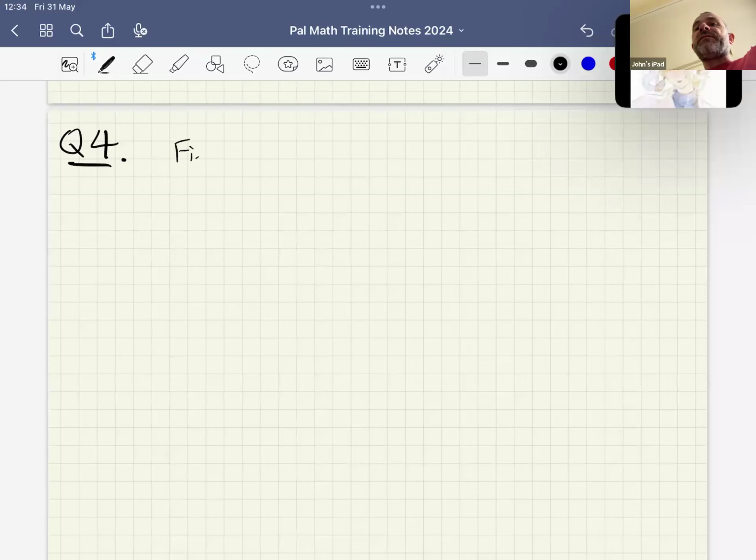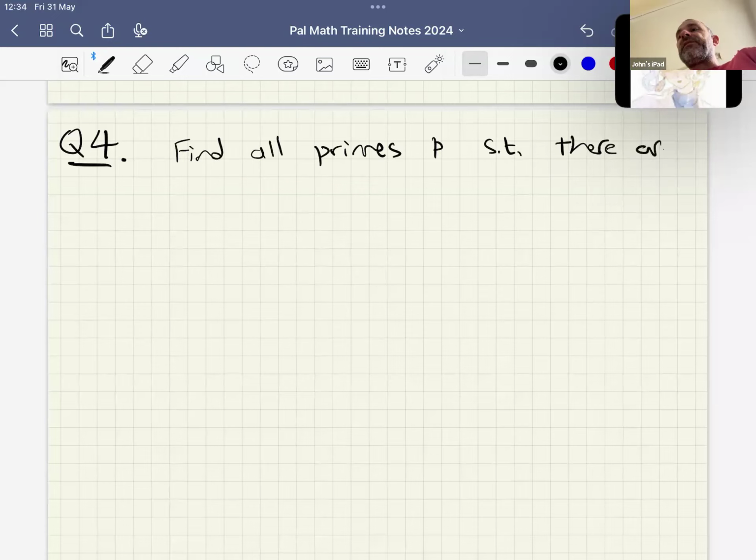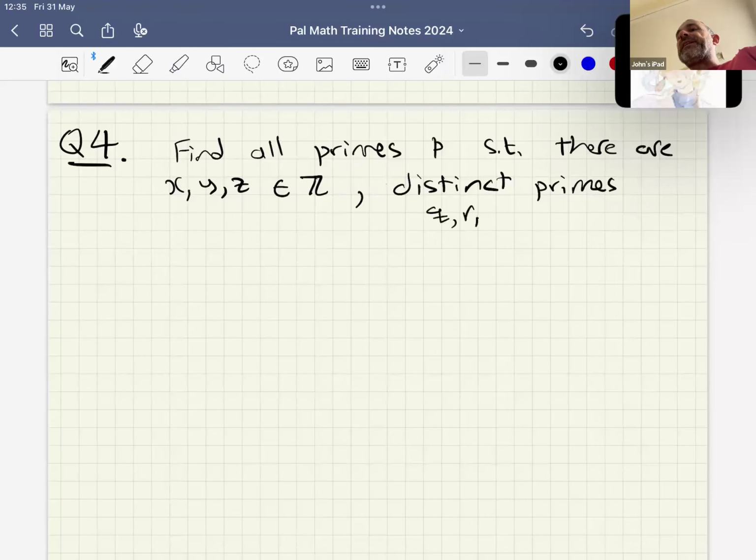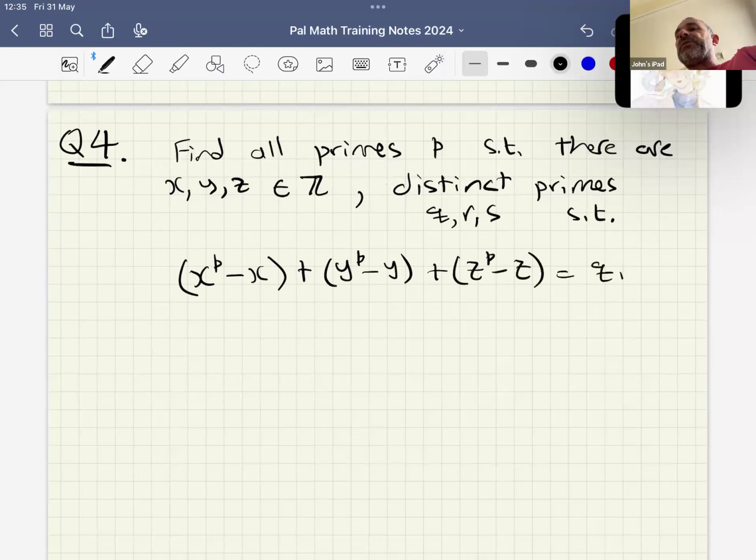So find all primes p such that there are x, y, and z, which are integers, and distinct primes q, r, and s, say, such that x to the p minus x, I'm rewriting it like this, plus y to the p minus y, plus z to the p minus z equals q r s.